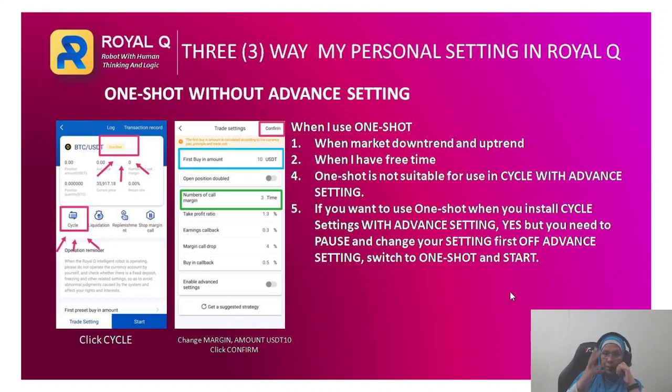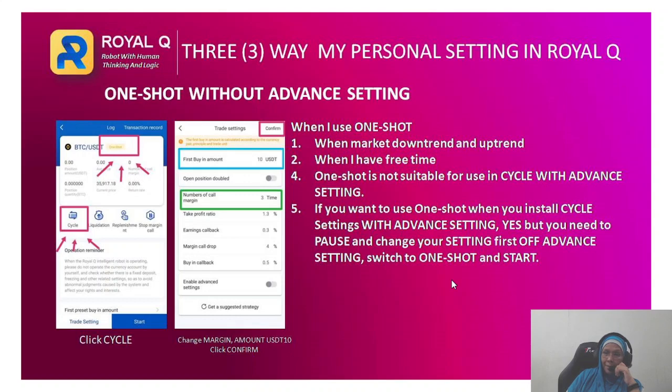One shot, you need time to monitor and to replace again the pairs that you are trading, either you want to use the same pair or a new pair, that is your choice.